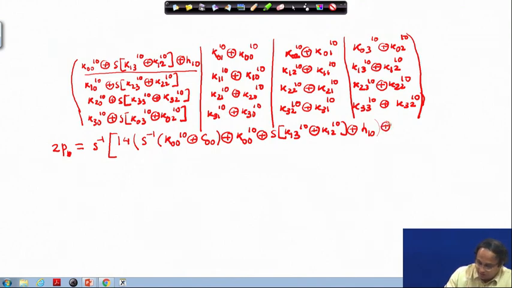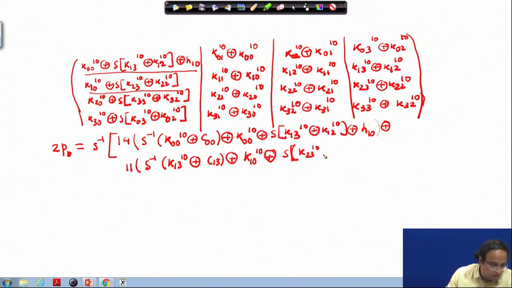Then similarly you have 11 multiplied with S inverse of K13 10 XORed with C13 XORed with the corresponding 9th round value, which is K10 of the 9th round key expressed using 10th round key bytes, S of K23 10 XORed with K22 10.